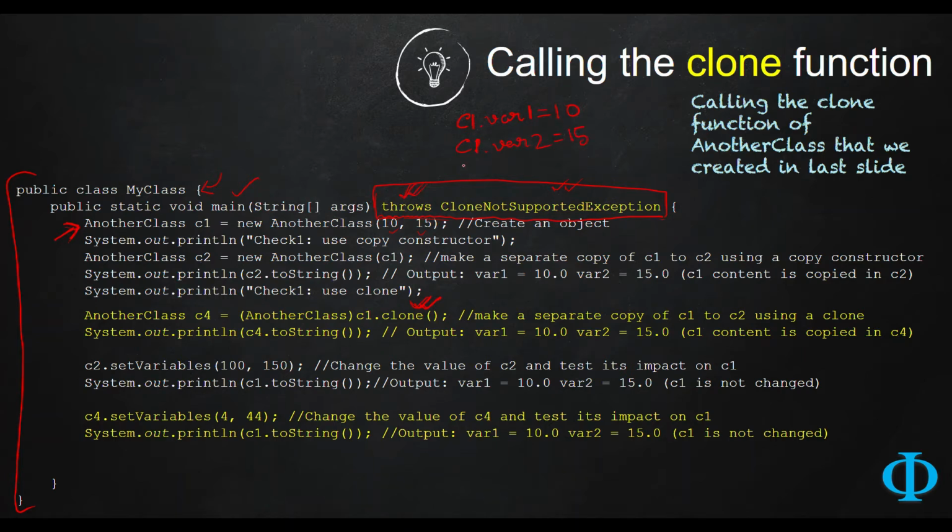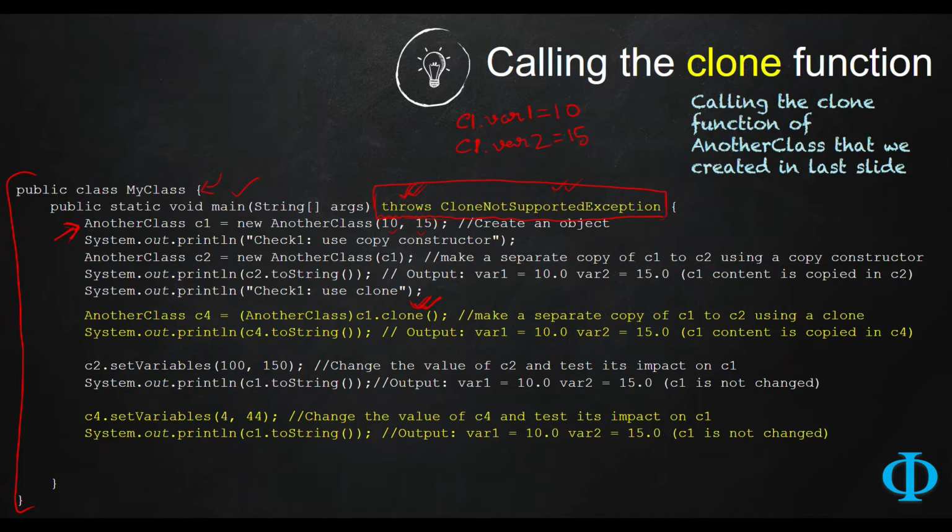So this C1 object with var1 and var2 has been created. I am using the same code that I have used for the copy constructor, so that you can easily check where is the actual difference between copy constructor and the clone function call.